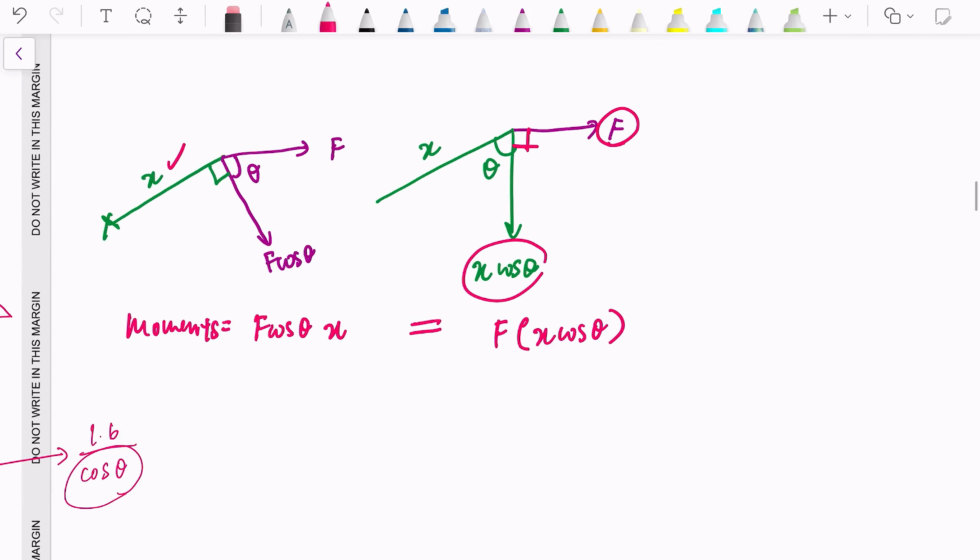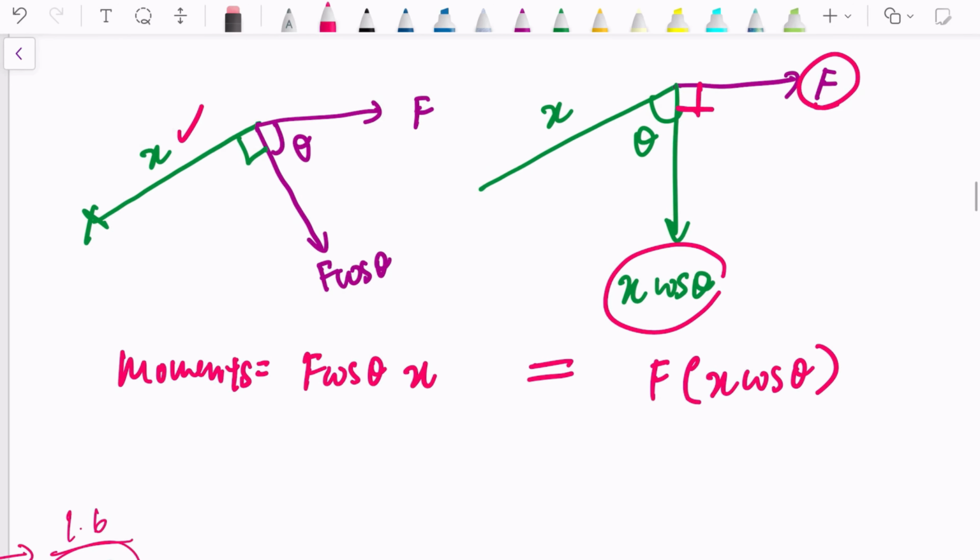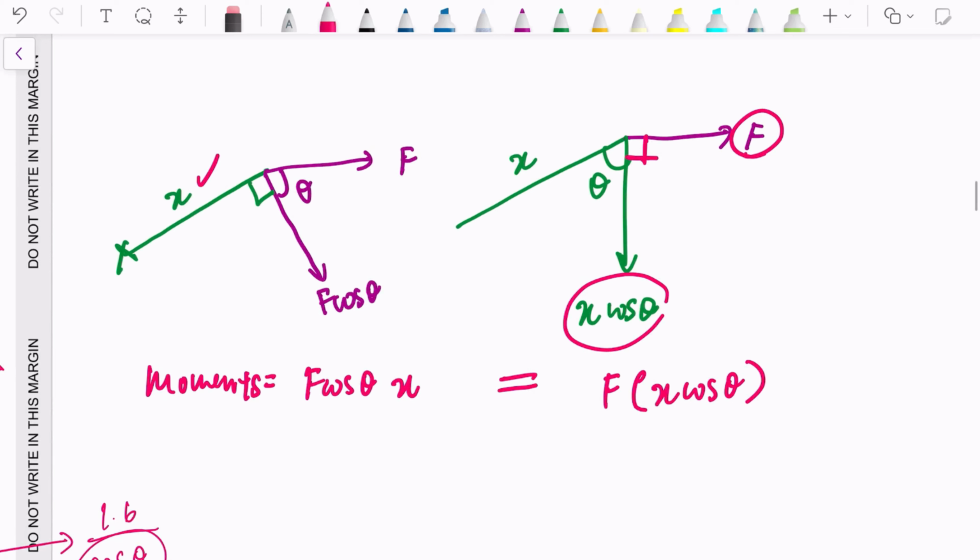So if you realize, in both cases, your forces are not perpendicular to the line of axis. Which is your axis here? This is your axis, because that is where your force is acting. So the axis is the line where all your forces are acting. The F here is not perpendicular to x.